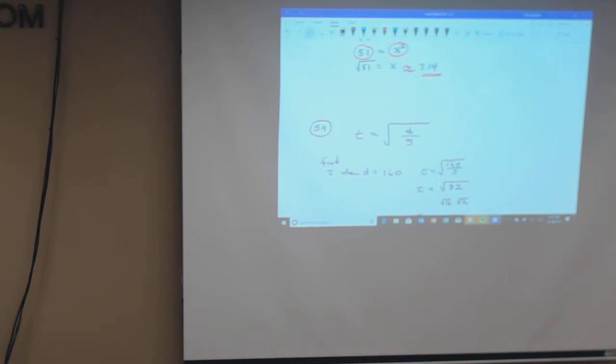Number 54. Now, does everyone see what I have written here coming from the words on page 310? The time t, I'm going to change the blue again because I just like this blue stuff.